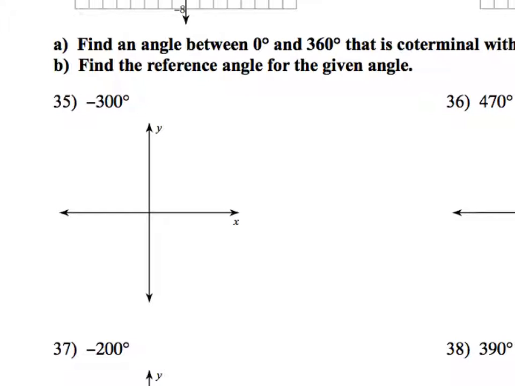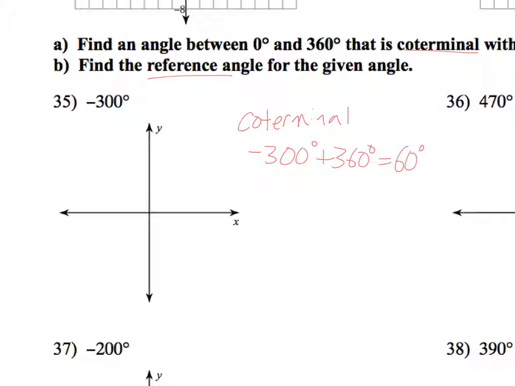We've got to find a couple things here. First, we've got to find coterminal angle. That means at the same place between 0 and 360. And we've got to find a reference angle. Let's find the coterminal one first. So at -300, I know if I go 360 around, I get to a coterminal angle, and that happens to give me 60 degrees.